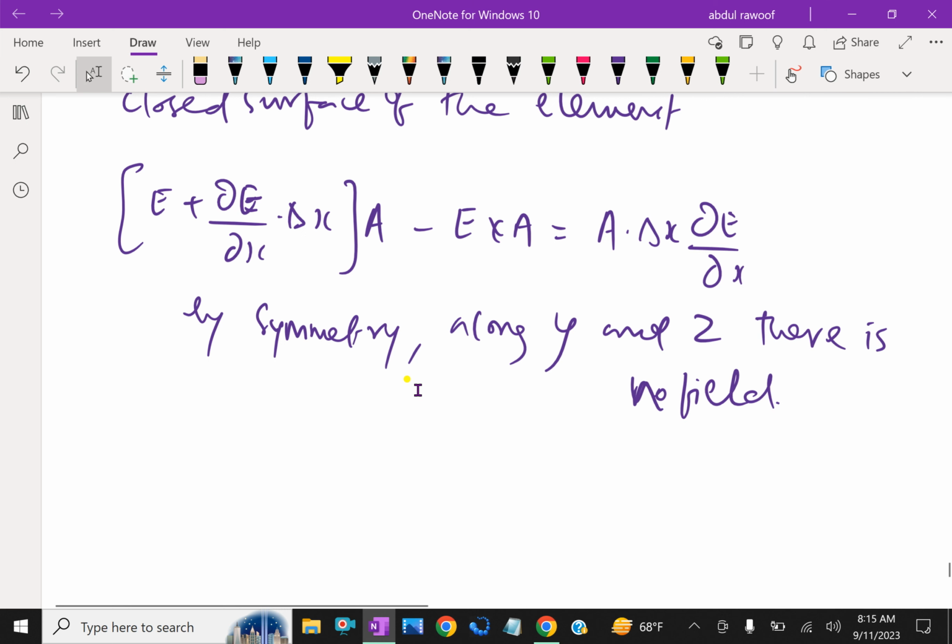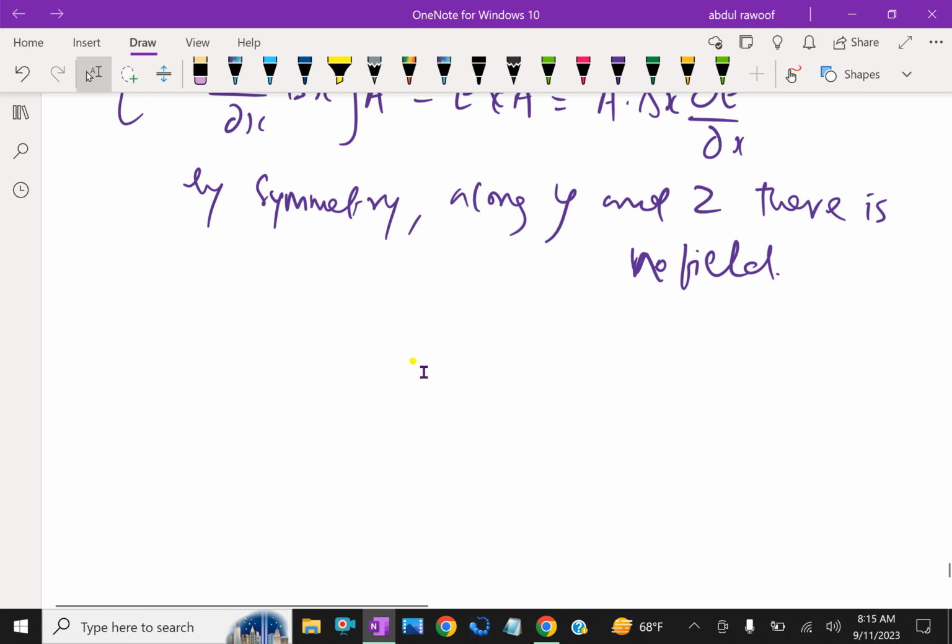Now, according to Gauss theorem, the surface integral of electric intensity over a closed surface is equal to 1 over epsilon 0 times the charge within that surface.